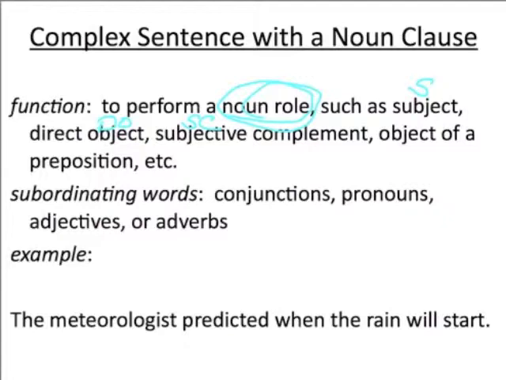We can't do that because if we take out a subject here, or a direct object, or a subjective complement, or an object of a preposition, we're removing a really important component in the sentence pattern. We're removing something that's integral to the grammatical structure of the clause. It's not just modifying it in some way, but the clause doesn't make any sense without a subject, for example.